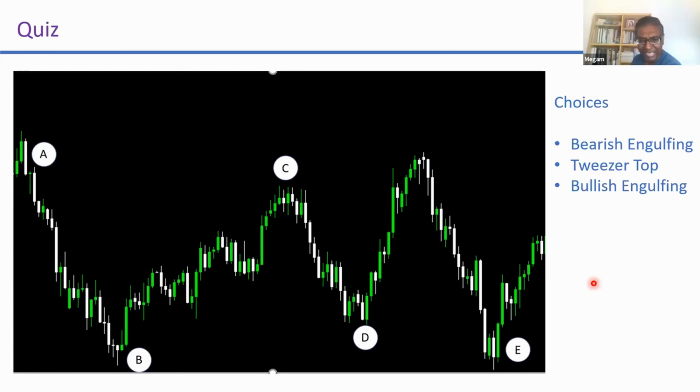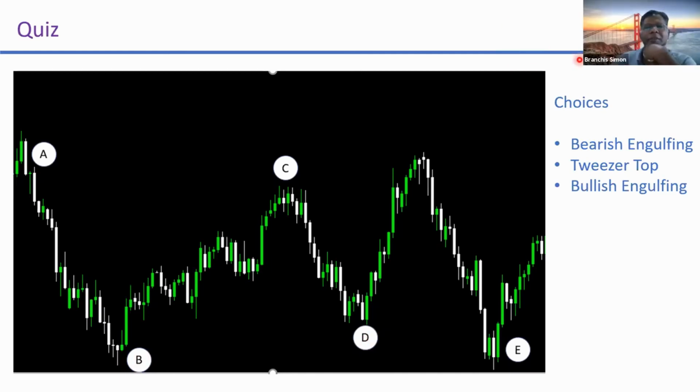I can see D. D? The bullish is actually engulfing the previous day's bearish candlestick. So I think D can be a bearish engulfing. D or B? Can you type in the chat?